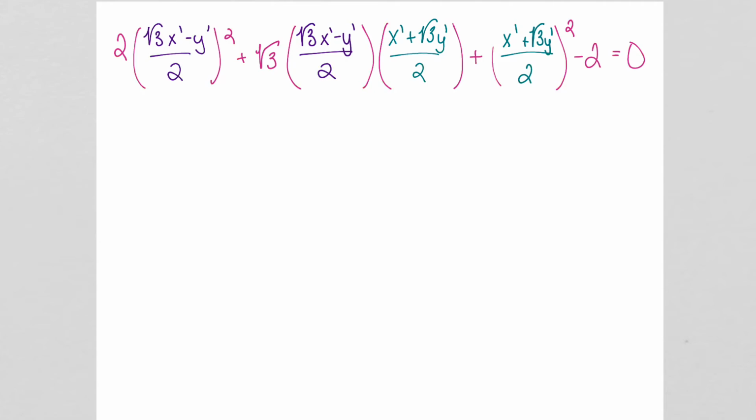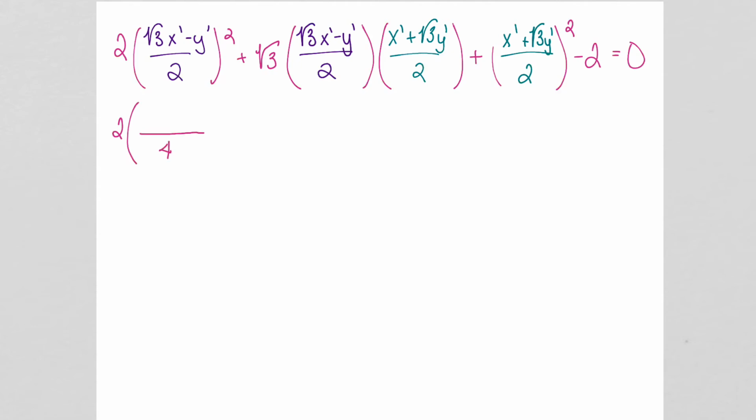One of the hardest things about these problems is getting through all the simplification and not making a mistake that messes up the whole problem. So here we go. I'll have to write small here. So for this first one, on the bottom, we've got 2 squared, which is 4.